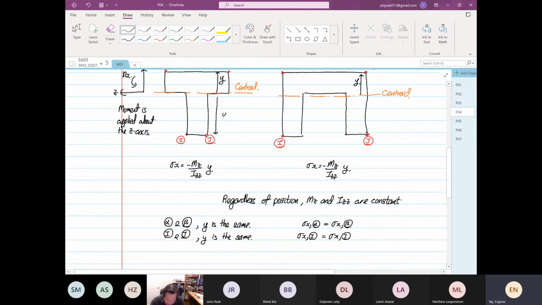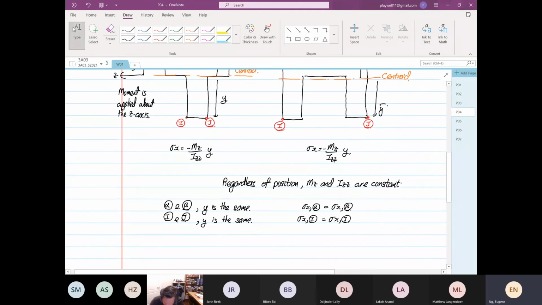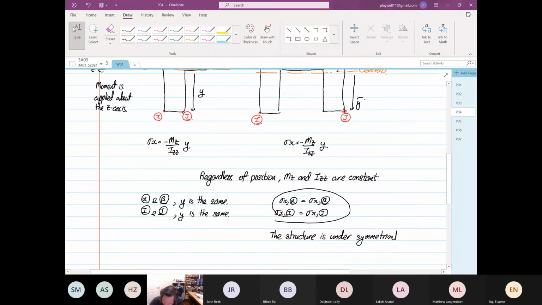So when this condition is met, the structure is under symmetrical loading.